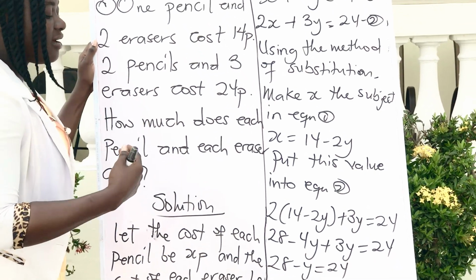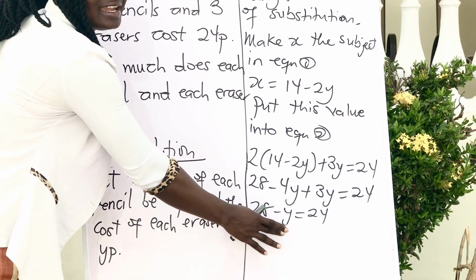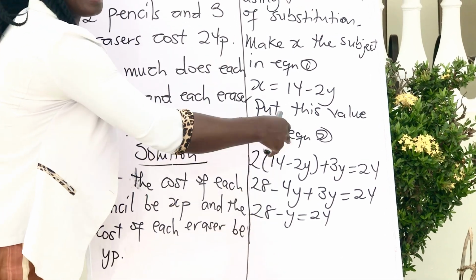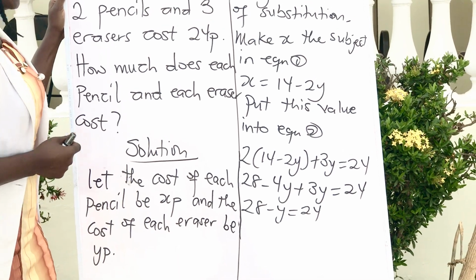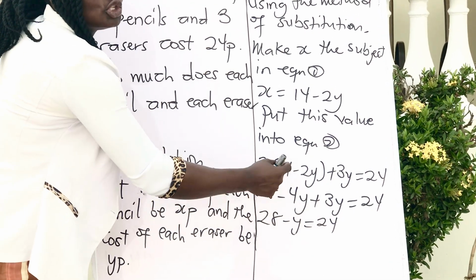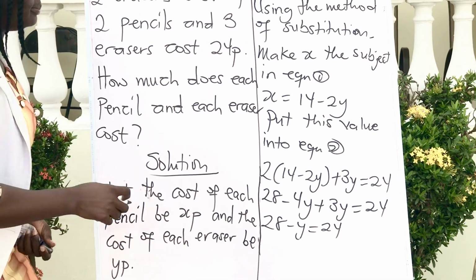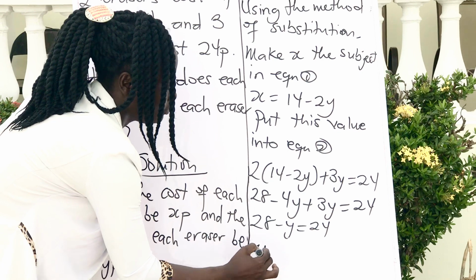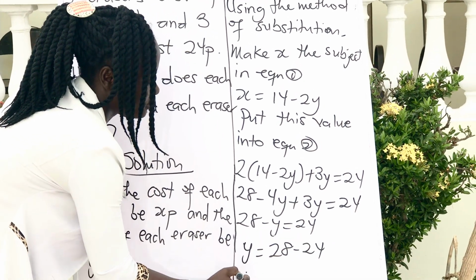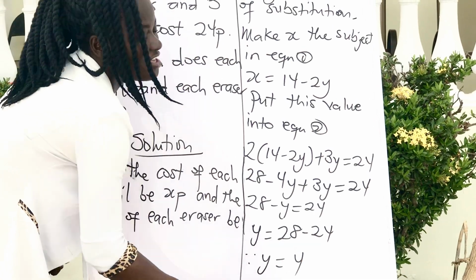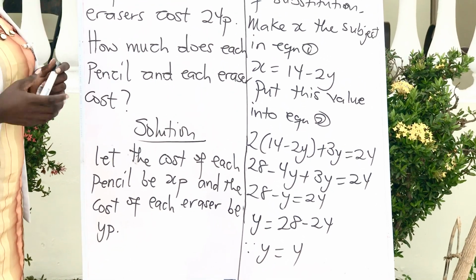To make this whole thing positive, send the negative Y to the other side of the equation to become positive. And you bring the 24 to add up to the 28. So this will become Y equals 28 minus 24, therefore our Y is giving us 4.